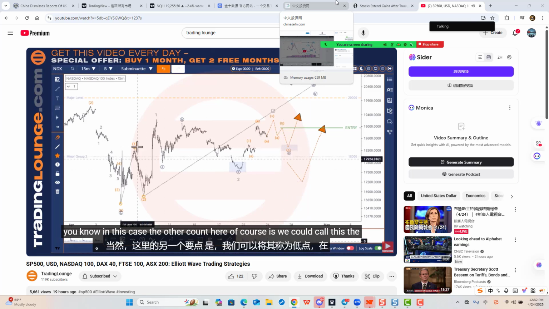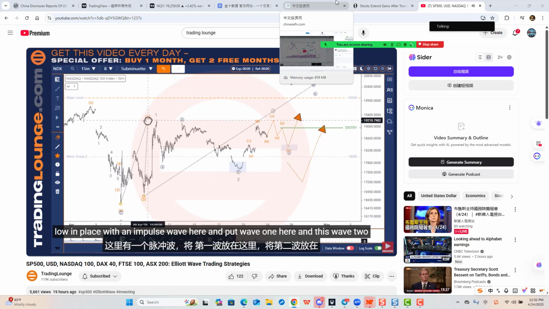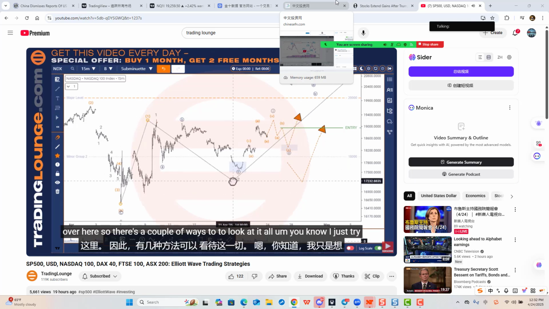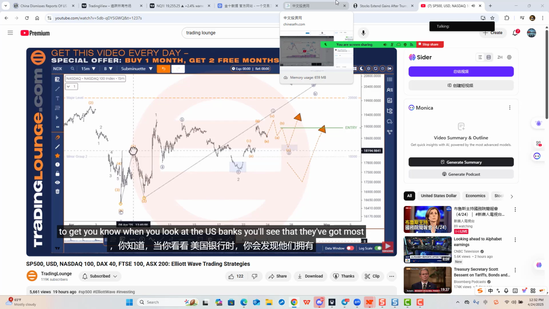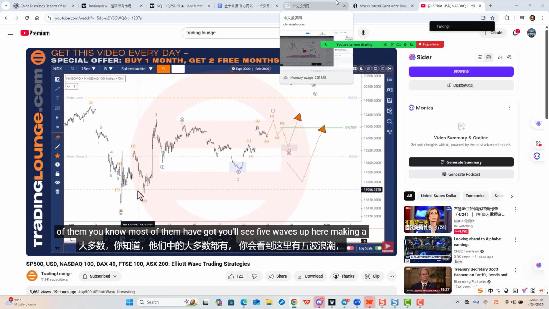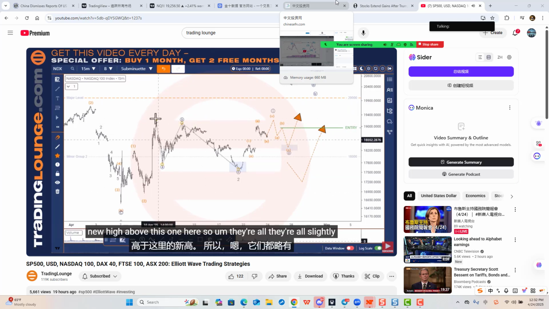The other count here, of course, is we could call this the low in place with an impulse wave here, and put wave 1 here and this wave 2 over here. So there's a couple of ways to look at it all. When you look at the US banks, you'll see that most of them have 5 waves up here making a new high above this one here.